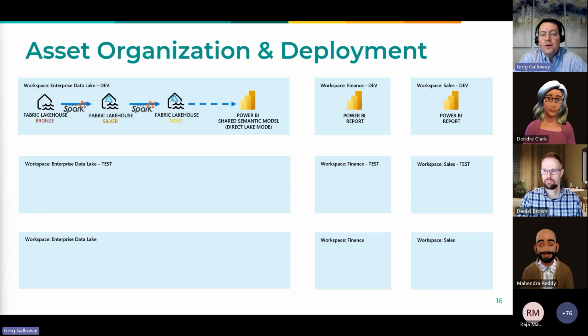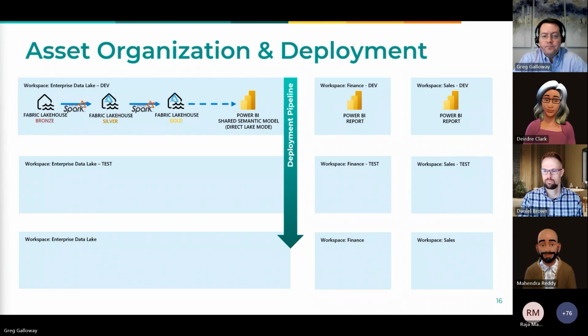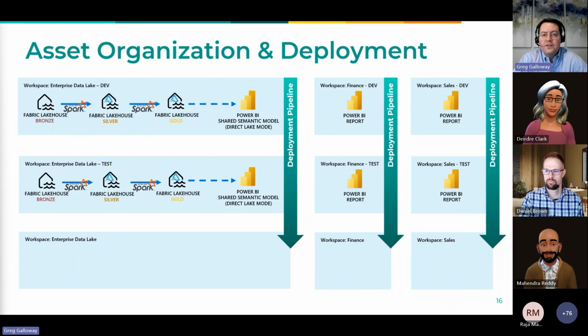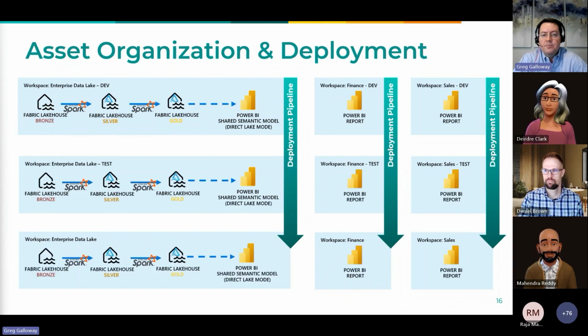Then in order to promote all this to a higher environment, we'll use the deployment pipelines feature, which is rolling out and starting to support all the different Fabric features. So that deployment pipeline will get things deployed into your test environment. It'll get it deployed into your production environment, and optionally, you can hook all this in with Azure DevOps pipelines if that's of interest, or you can just use the UI that's in Fabric.